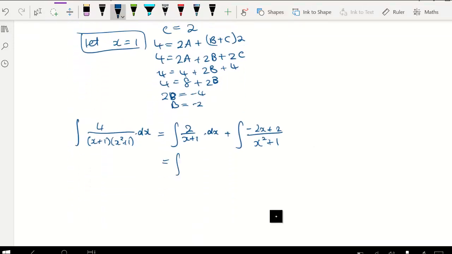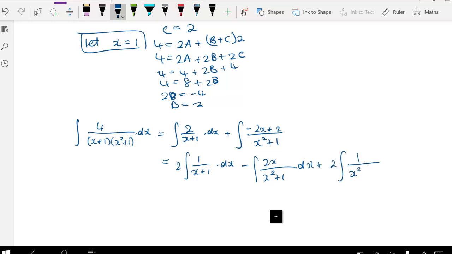And so we can break this into 2 integral 1 over x plus 1 dx. We've got subtract integral of 2x over x squared plus 1 dx, and then we have plus 2 integral of 1 on x squared plus 1 dx.